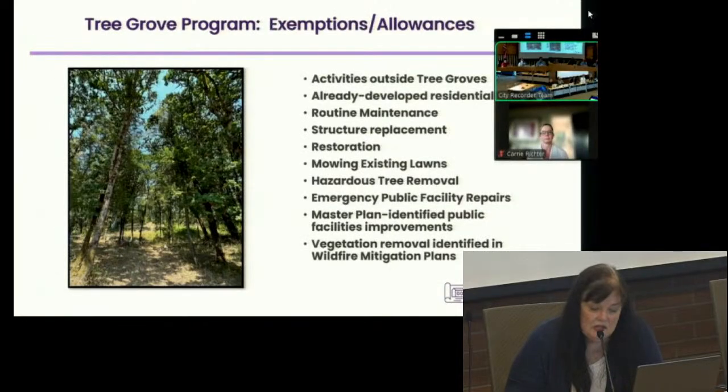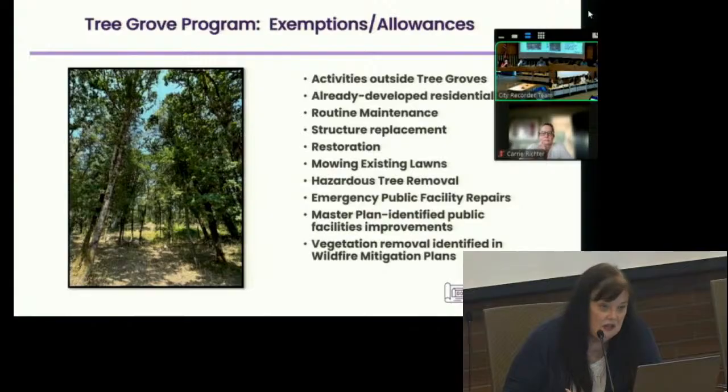There are exemptions in the program as well. This doesn't impact any activities outside of the tree grove. There are some properties where the tree grove is in a section of the property, and it doesn't impact the whole property, just where the tree grove itself is. Already developed residential lots are not impacted by this. Routine maintenance is not impacted.